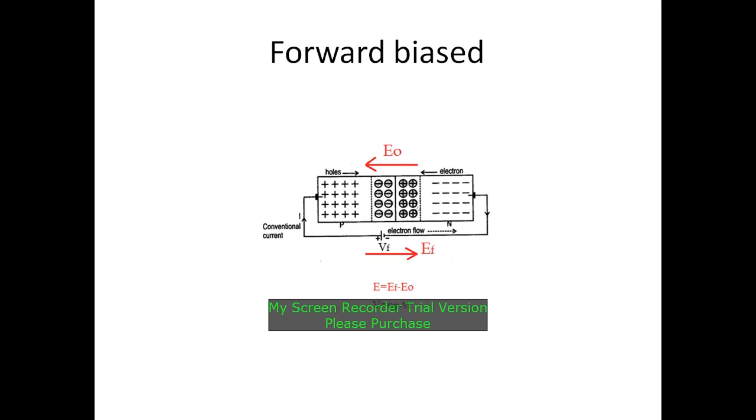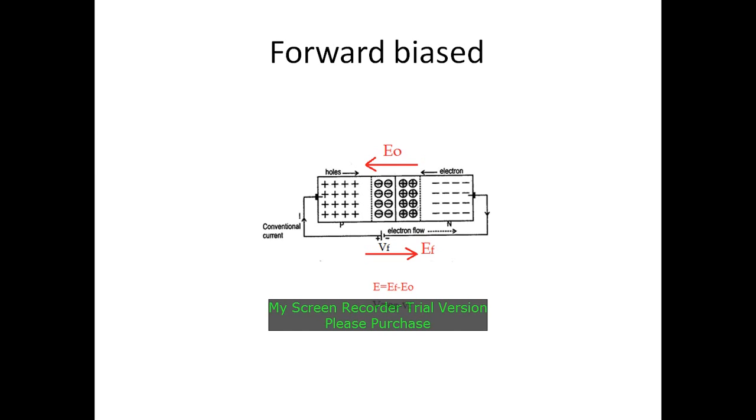The electric field due to the depletion region, denoted by E0, is towards the left side, and the electric field due to the applied potential is to the right.